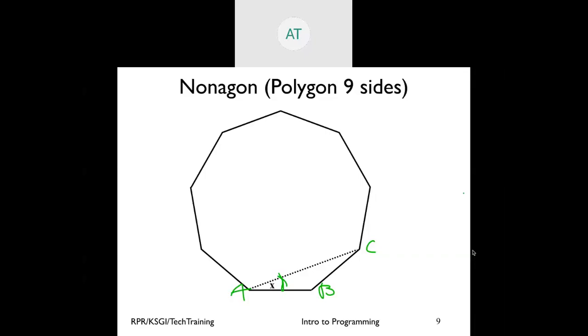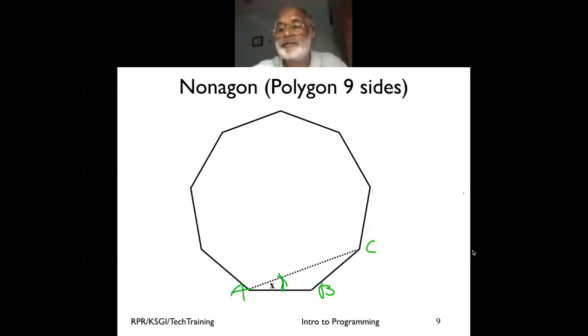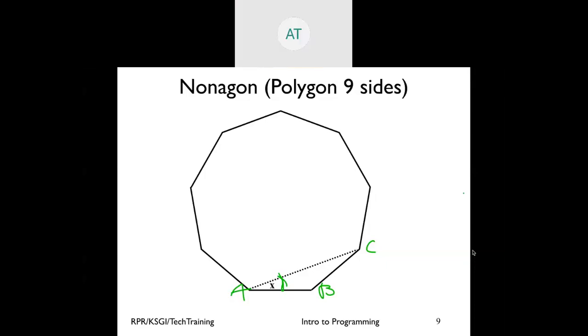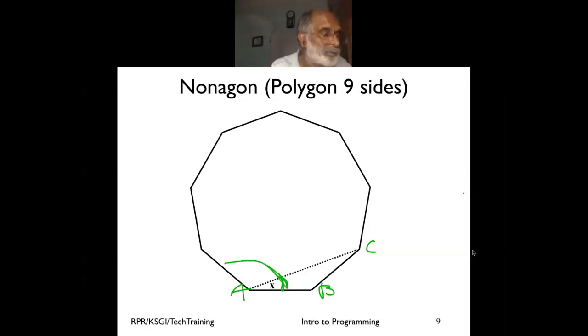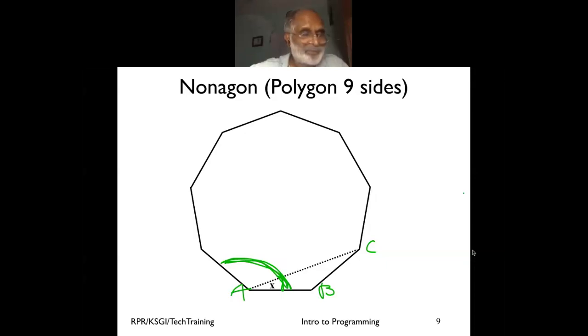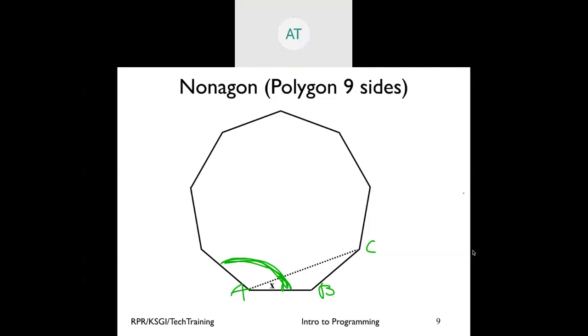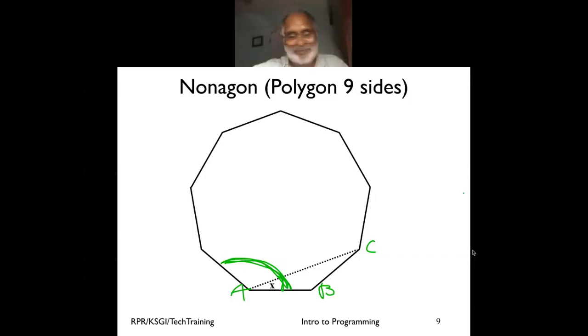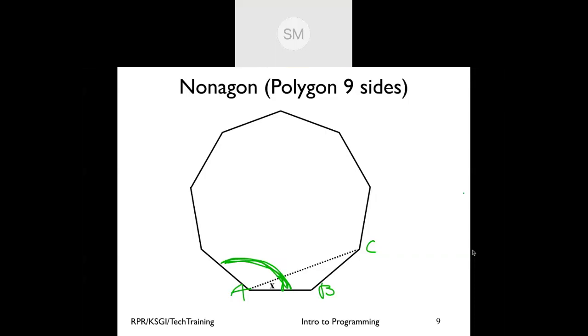Any answers? 180 by 7? No, not 180 by 7. What is this internal angle? It is not 120. It is 108? No, it is not 150 either. Give it a thought, tell me why, on what basis?